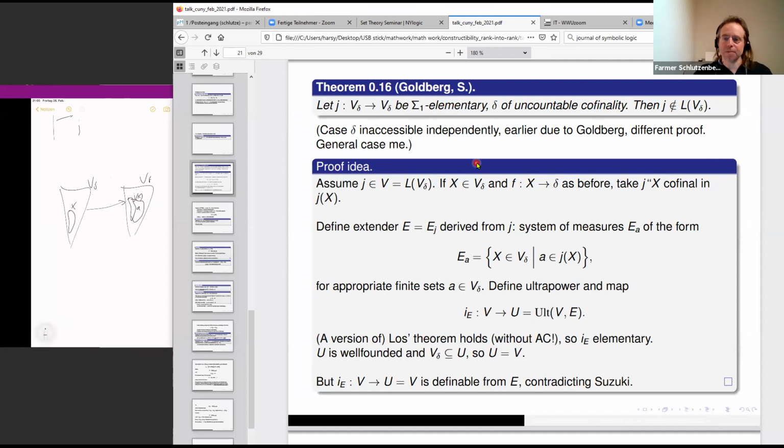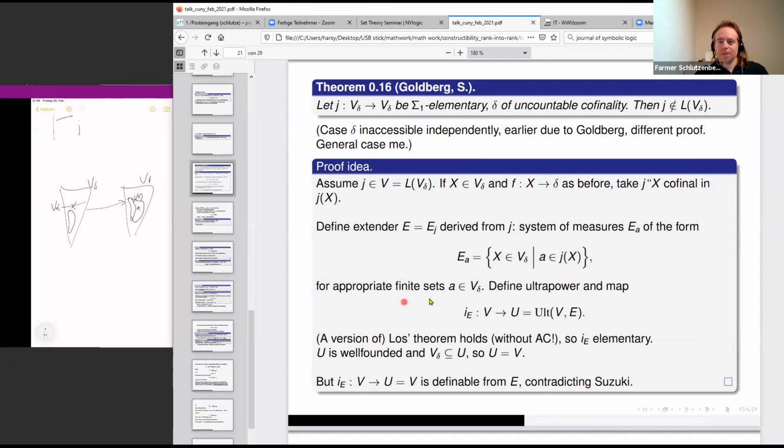And so that gives us, as usual, an ultrafilter over V delta, or over some V alpha. We can take V alpha here and subsets of V alpha. So we call that EA, the measure derived from J with seed A.